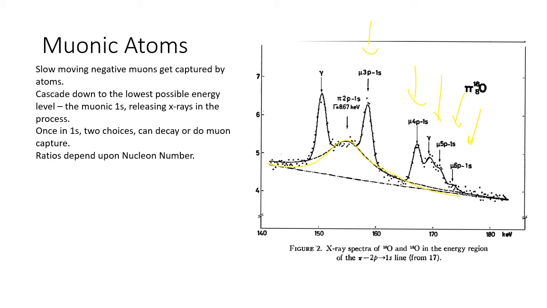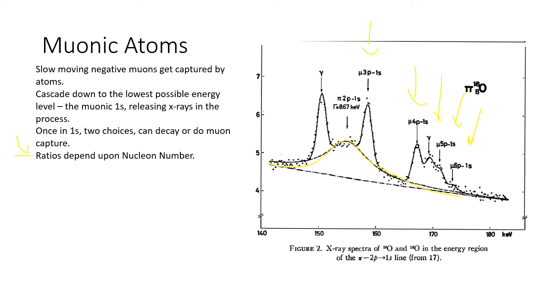They got this different behaviour between the two of them that, if you remember, at the end of the Second World War, nobody could explain, and was why everybody came to the conclusion that muons probably weren't your Cartwright particles. And that's because the likelihood of the muon doing muon capture on the nucleus depends upon nucleon number.